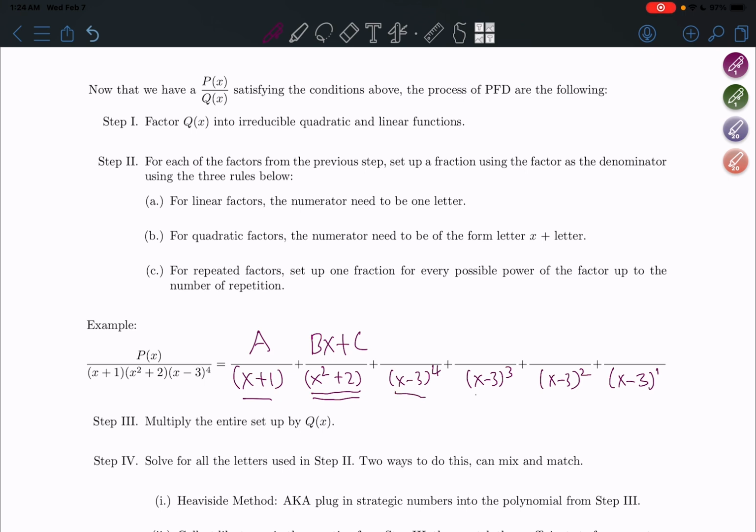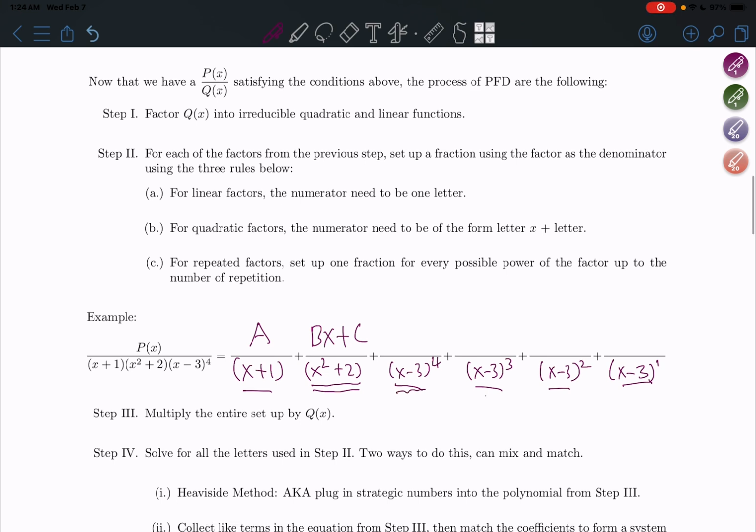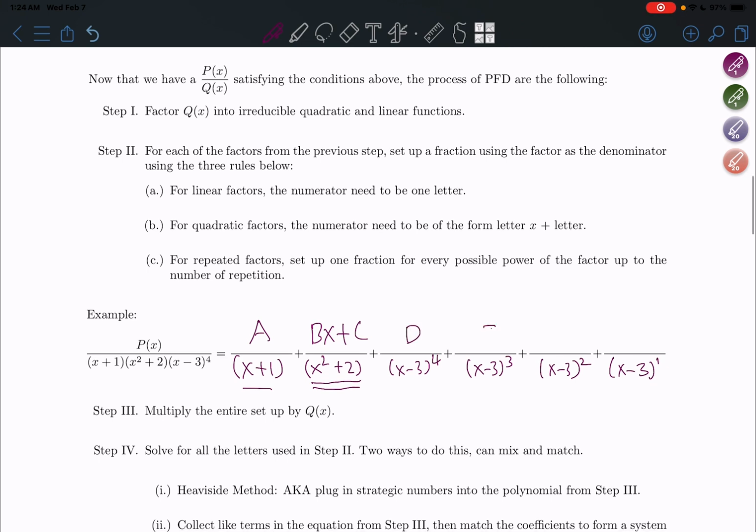Now for the repeated factor, even though some of these have a higher power, we actually don't look at the repetitions. We look at the actual factor that's being repeated. In this case, the factor being repeated is just x minus 3, which according to rule A is a linear factor, so I need one letter on the numerator. So D, E, F, G, just one letter each.